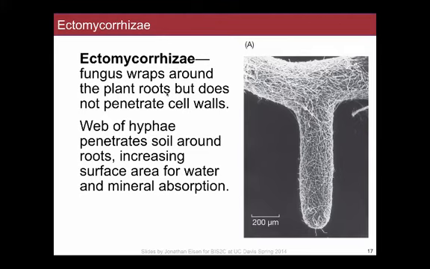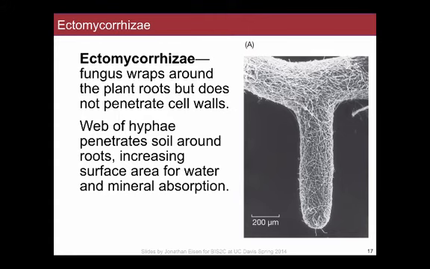So there's one called Ectomycorrhizae. Ecto means on the outside, and this is a case where the hyphae of the fungus wrap around roots, and then they reach out into the surrounding soil, and that serves as a way of increasing surface area for the plant root system. But they don't actually go into the plant cell walls themselves.